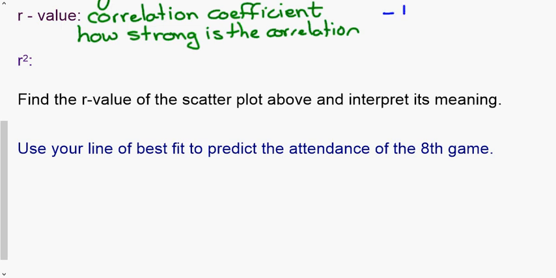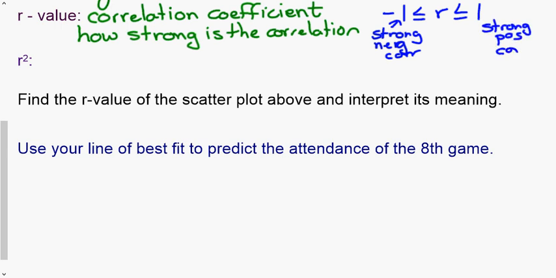So r will be a number between -1 and 1. -1 is a very strong negative correlation, and 1 is a very strong positive correlation.